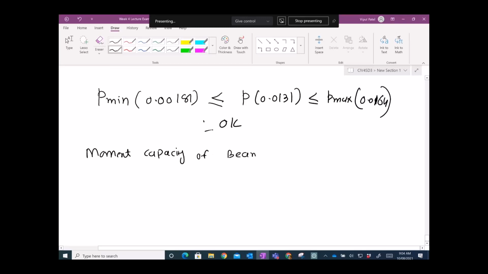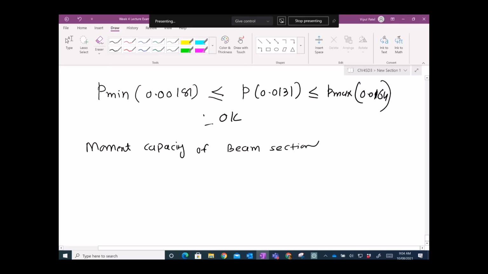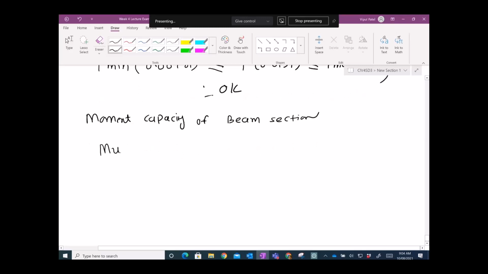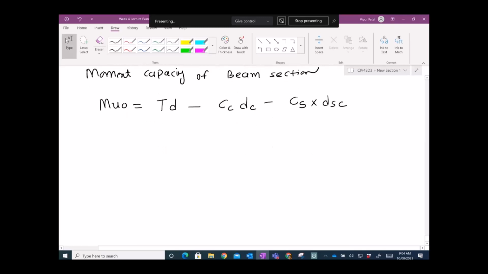The moment capacity of the beam sections that we need to find is basically taking three components: Mu, the tension force times the perpendicular distance, then the compression force of the concrete times the perpendicular distance DC, and then you have a compression force times DSC, right? So that's the moment equation.